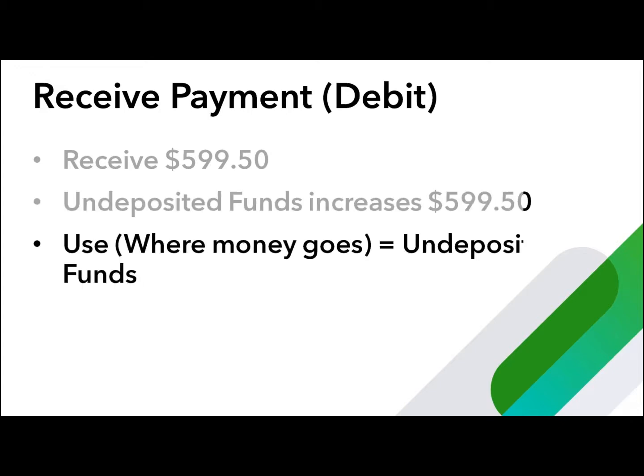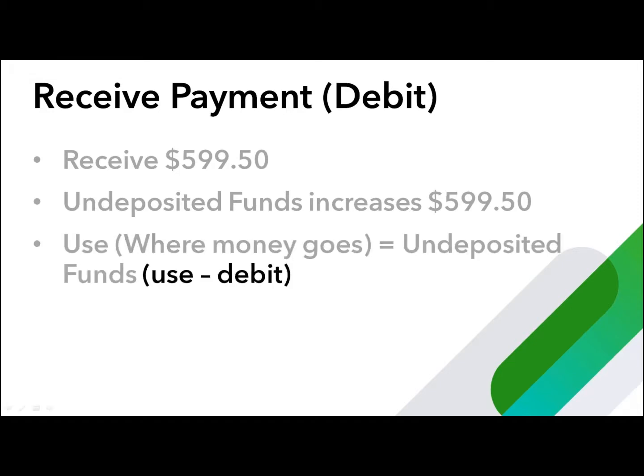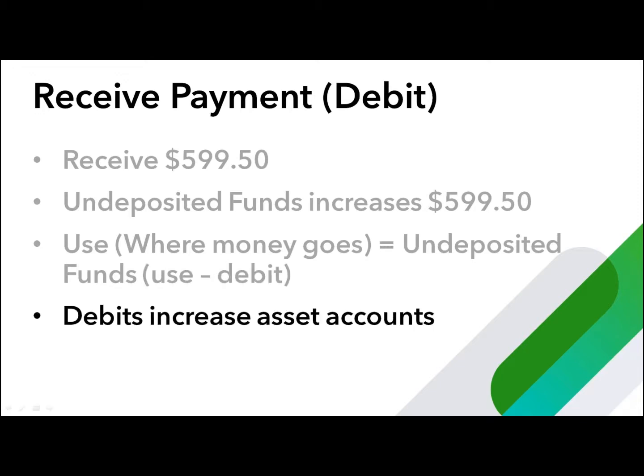The use, or where the money goes, is undeposited funds. Remember the general guideline learned earlier. Uses are usually debits. This makes sense because debits increase asset accounts. Now, draw the undeposited funds account as a T. Remember, debits appear on the left.